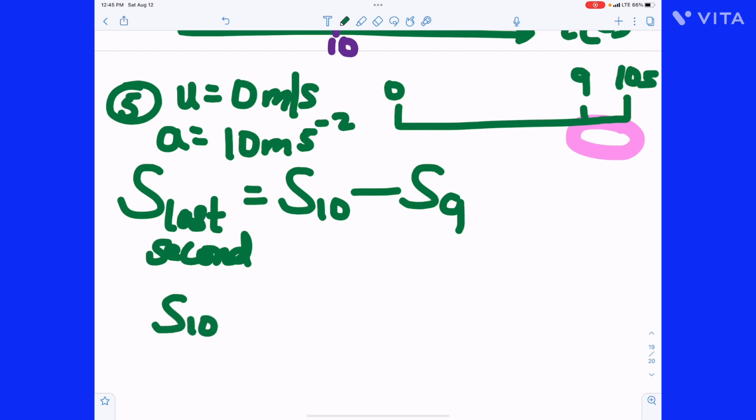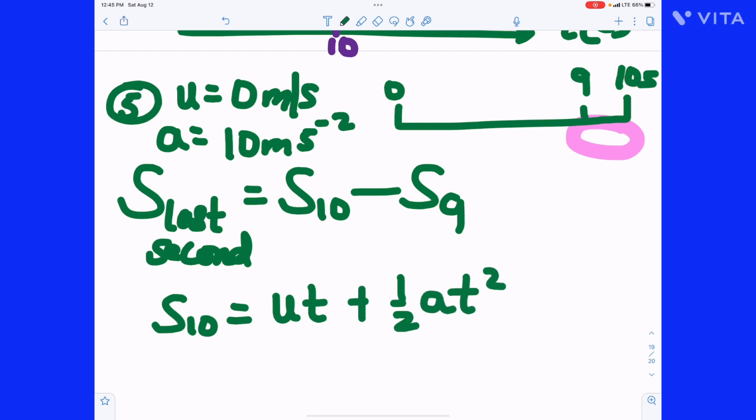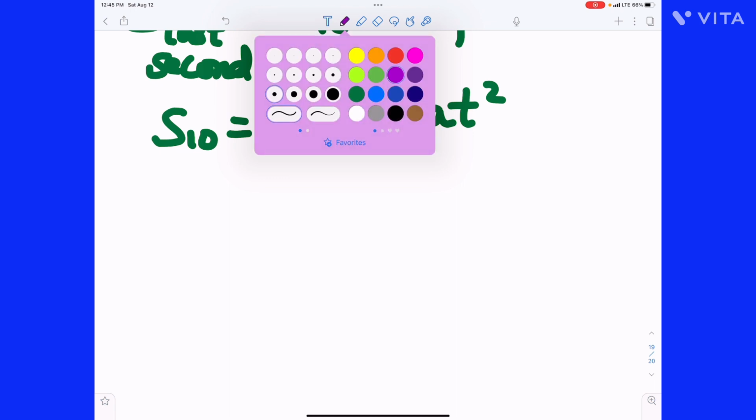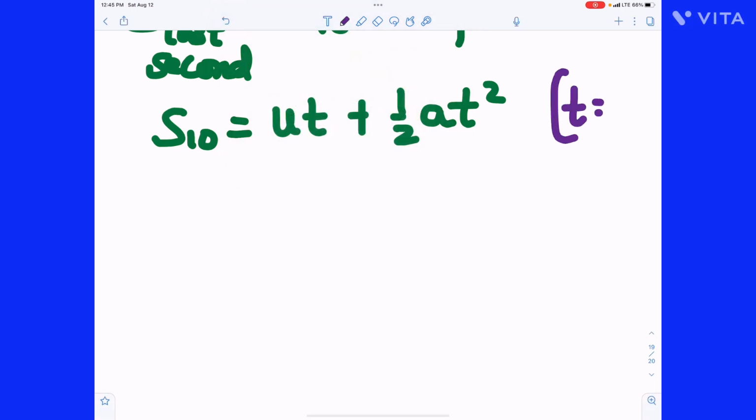So let's get the distance traveled in 10 seconds, using S is ut plus half at squared. In this case, when calculating the distance traveled for 10 seconds, our time will be 10 seconds. So let's go ahead and do that.